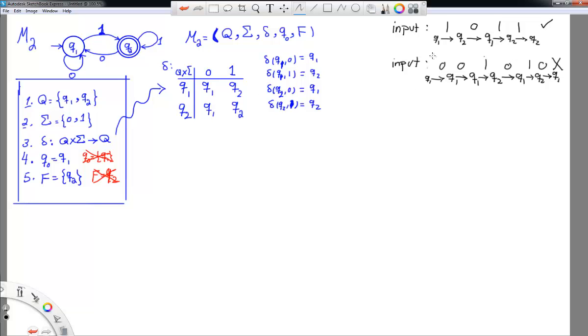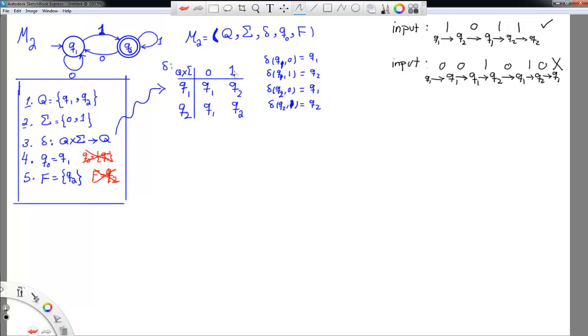By going through examples of sample strings, we will realize that this machine accepts strings that end with a 1. By looking at the state diagram, we can see that if the last symbol processed is a 1, you are in q sub 2, meaning that you were either in q sub 1 and you processed a 1 and ended up in an accept state, or you were already in q sub 2 and you saw a 1, so you stay in q sub 2.